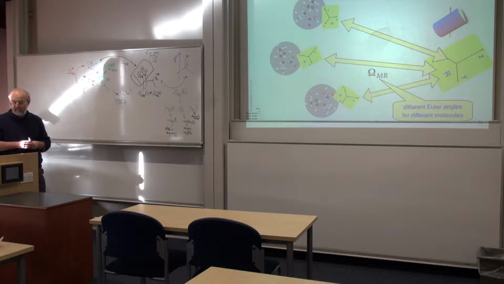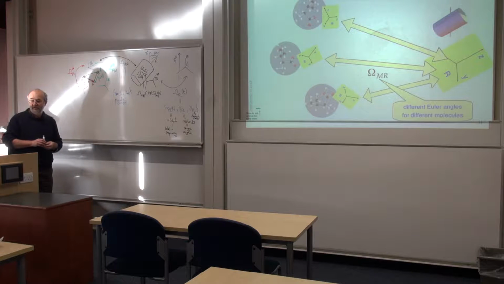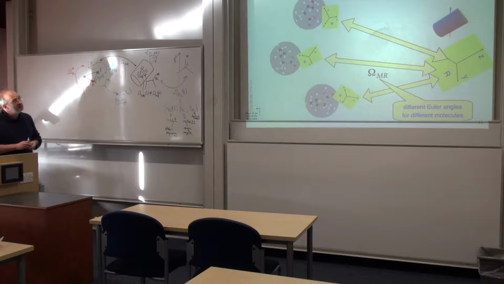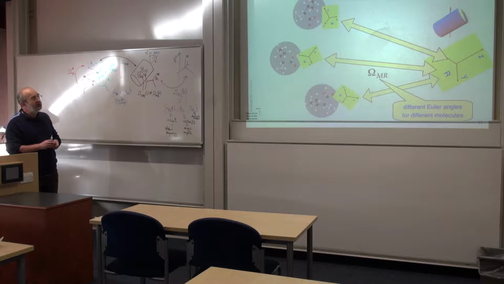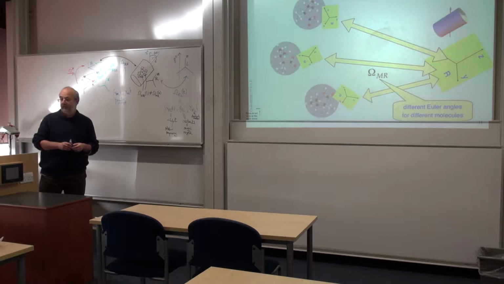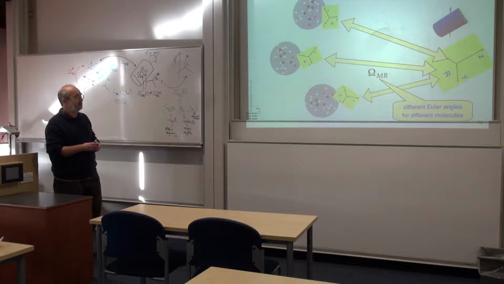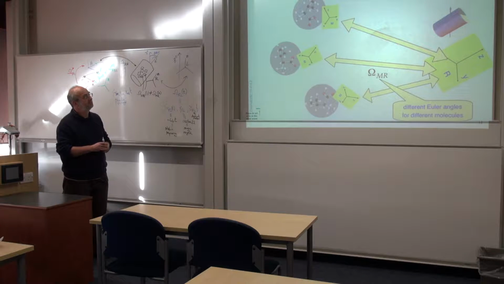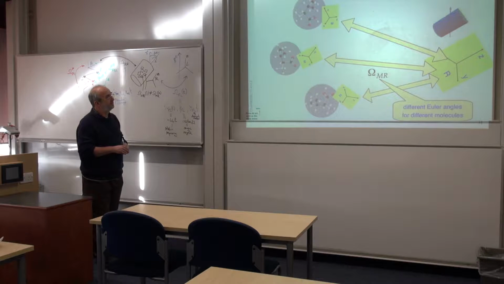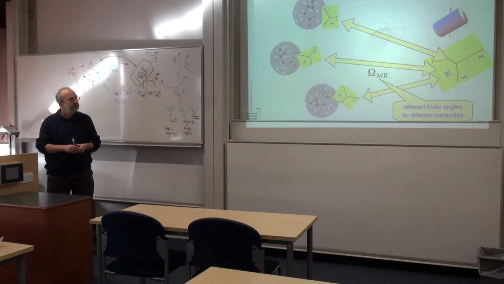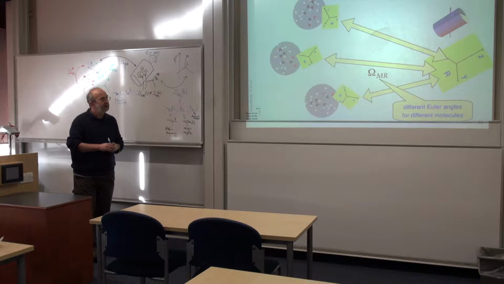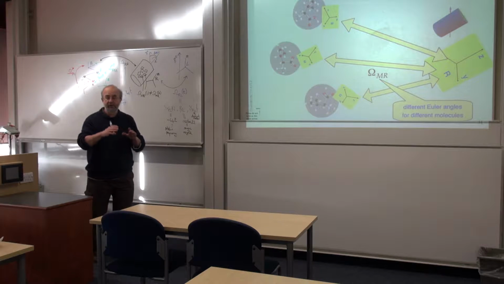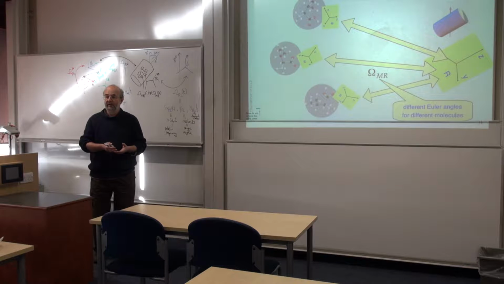And then, as I said, a powder in a rotor is an ensemble of a large number of systems, each with a different value of omega MR. Now, if it's a powder, then this omega R is completely randomly distributed. Every value of omega R, MR is just as likely as any other value.